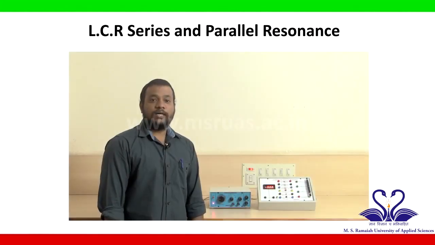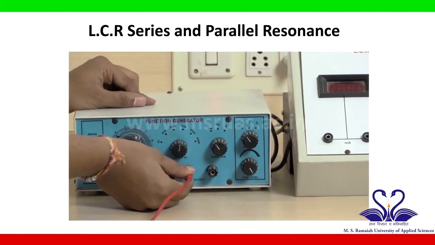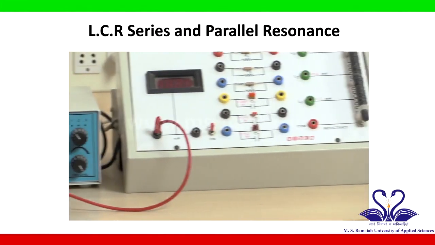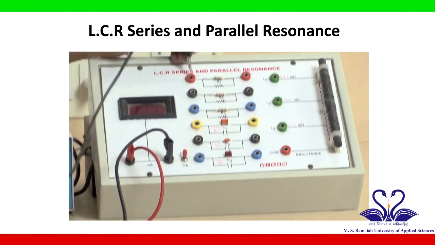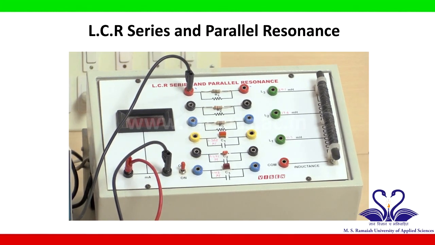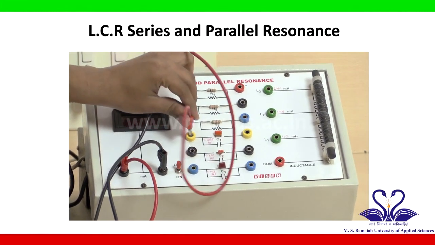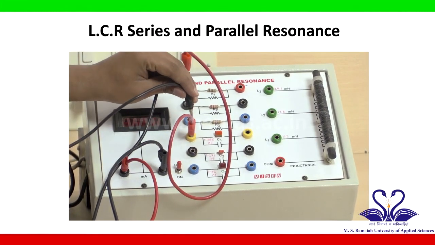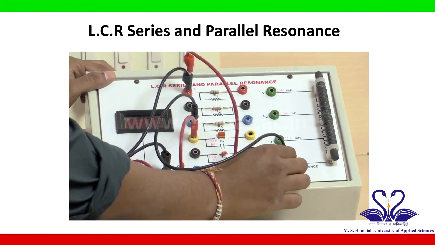Now let us start the connection for the parallel LCR circuit. Connect a wire from the output to one of the terminals of the milliammeter. Then take another wire and connect from the other terminal of the milliammeter to one of the terminals of R1, and connect a wire from the same terminal of R1 to one of the terminals of C1. Then take a wire and connect from the same terminal of C1 to the common terminal of the inductance.